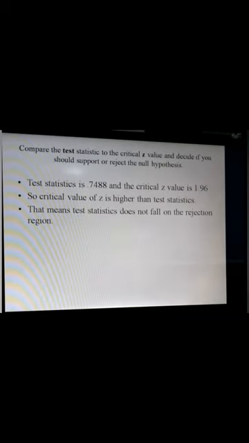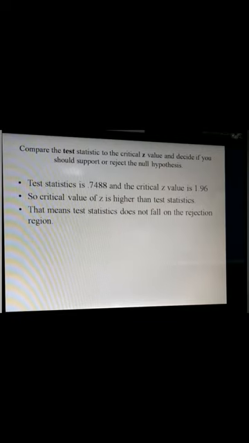So we can say that the test statistic does not fall in the rejection region. We say it falls in the rejection region when the test statistic score is higher than 1.96.